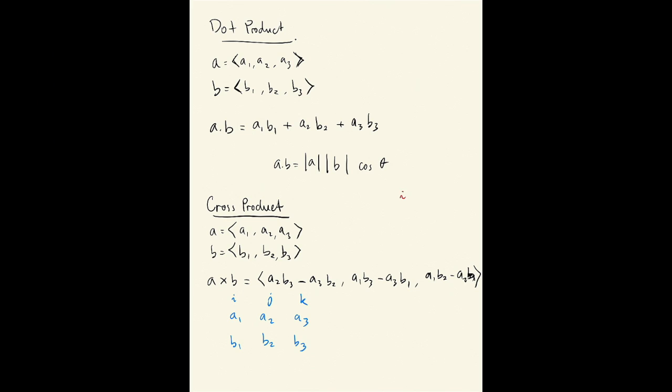So I, J, K, you need to remember, is what we call the basis vectors, which means 1, 0, 0, 0, 1, 0, and 0, 0, 1. Yeah, please watch the video. I put all of it there. So for I, for X, look at this, okay? Then you find the determinant.